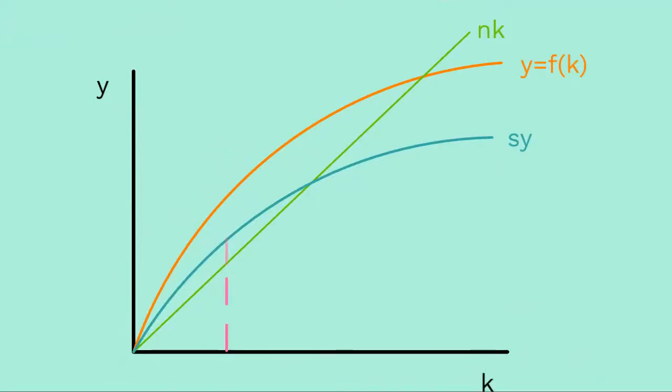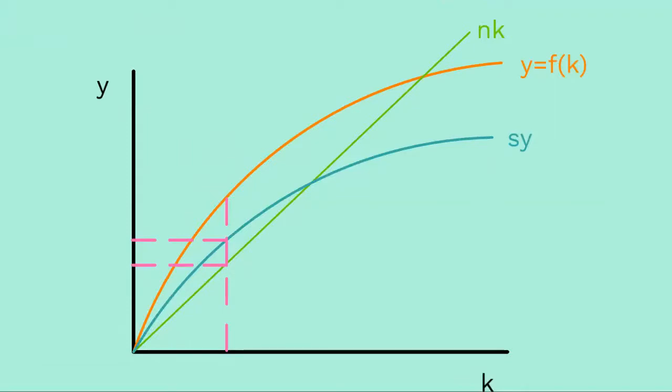Let's pick a random size of the capital stock and see what's going on. At this point, we can see that three lines are crossed. The one at the top tells us the amount of output per person. But what do the next two tell us? The top one is the SY line.